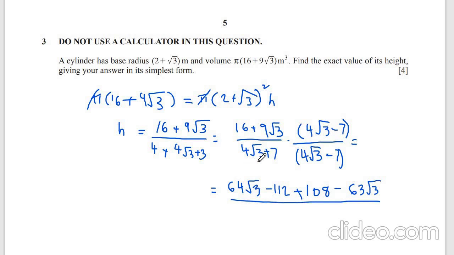And the bottom, the difference of the two squares, so that'll be 48 minus 49.